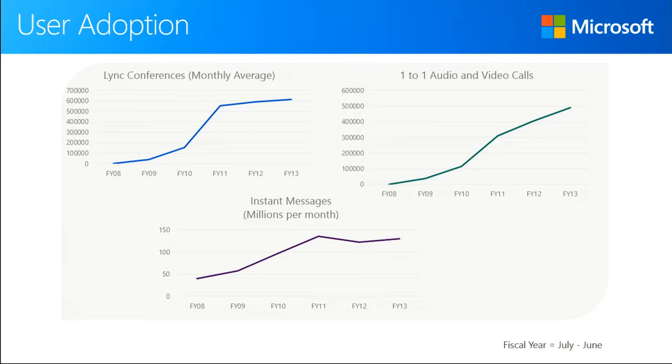So I did have a quick question here, and that was, just as we're looking at users, we're looking at one-on-one, how many devices do you think the average user will have Lync installed on in your environment in the next 2 years?